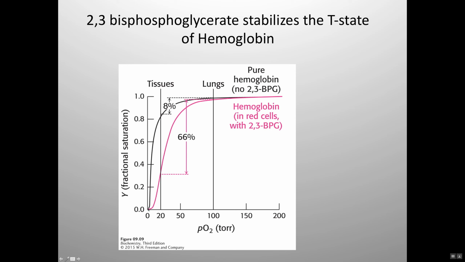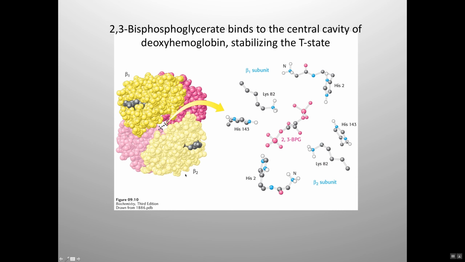It doesn't have this same allosteric cooperative loading and unloading, so if you take this pure hemoglobin from the high oxygen concentration in the lungs to the low oxygen concentration in the tissues, it only loses 8% of its oxygen. Whereas hemoglobin with 2,3-bisphosphoglycerate acts in this classically cooperative way, so it's fully saturated in the lungs, and then as it goes to the tissues with this low oxygen concentration, it unloads 66% of its oxygen.